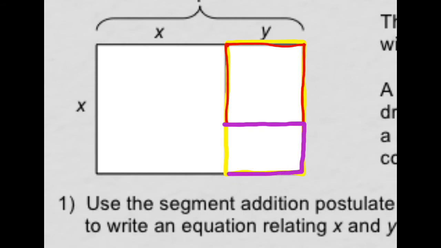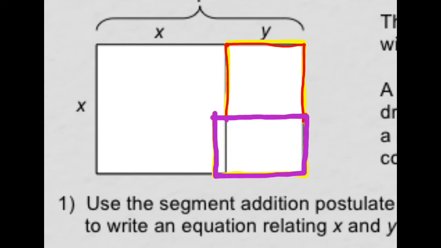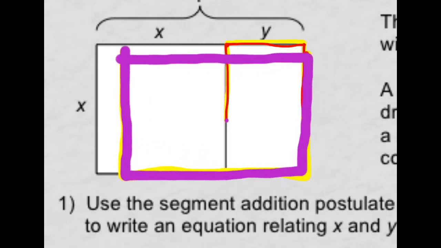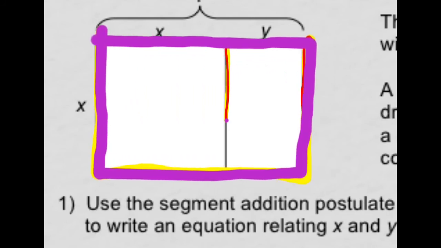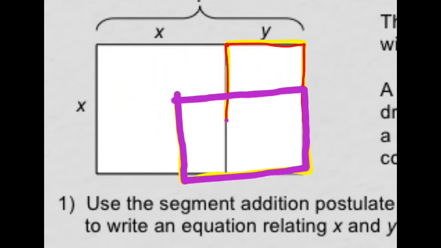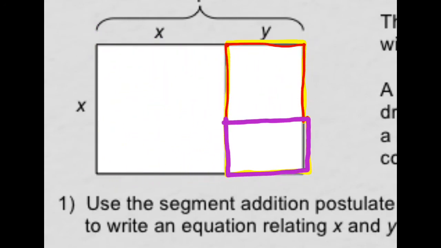So what do you think is going to happen with this purple rectangle? If I enlarge this purple rectangle, zoop, guess what? It's exactly proportional with the larger rectangle. And that will go on and on and on.